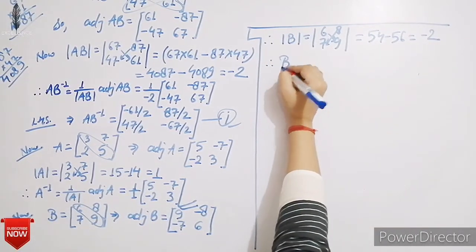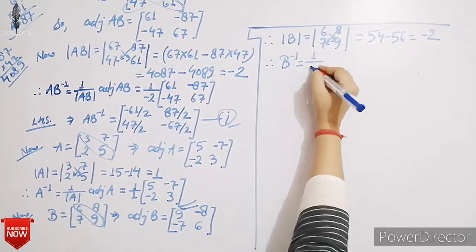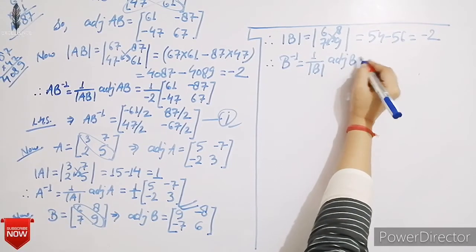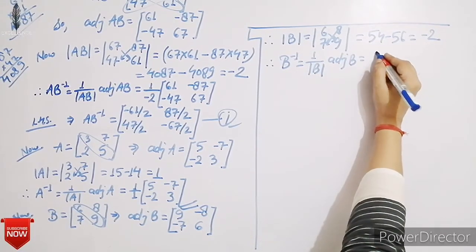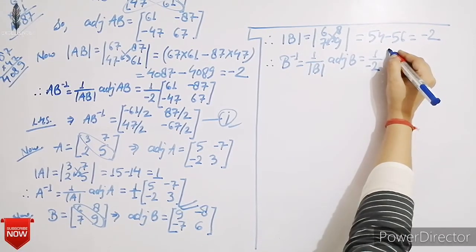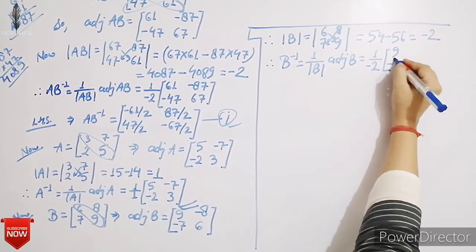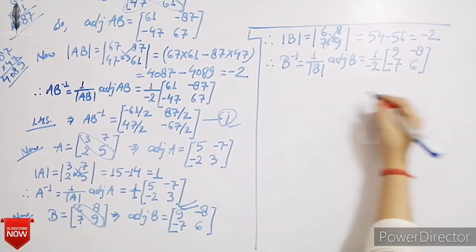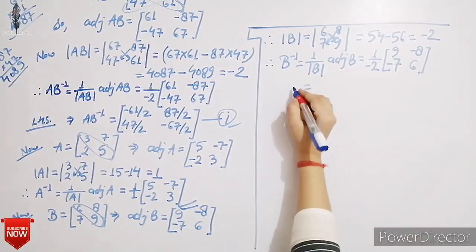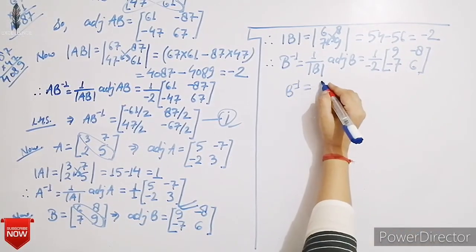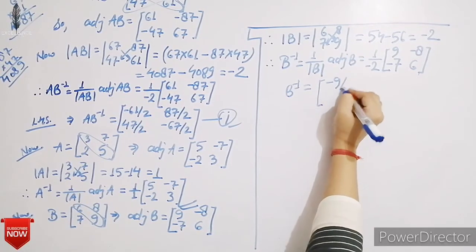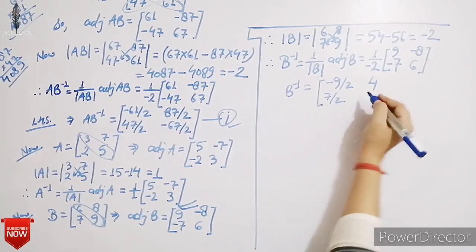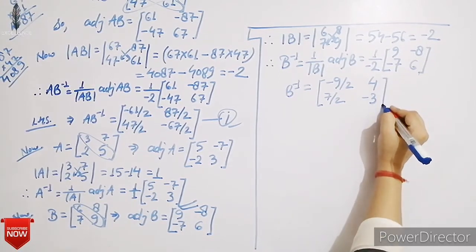So B inverse is equal to 1 by determinant of B into adjoint B, that is 1 by minus 2 into 9, minus 7, minus 8, 6. On solving, it is equal to minus 9 by 2, plus 4, 7 by 2, minus 3.